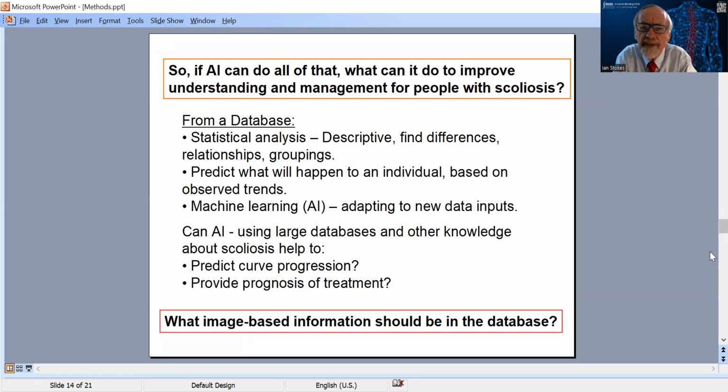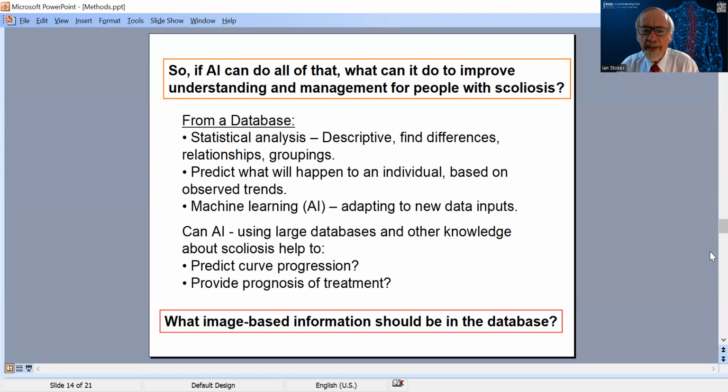And this potentially with the idea of predicting what will happen to an individual based on observed trends. Machine learning offers an automated way to adapt to new data inputs. So can artificial intelligence using large databases and other knowledge about scoliosis help clinically to predict curve progression and provide prognosis for treatment?